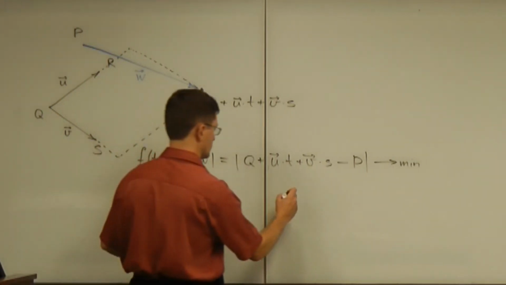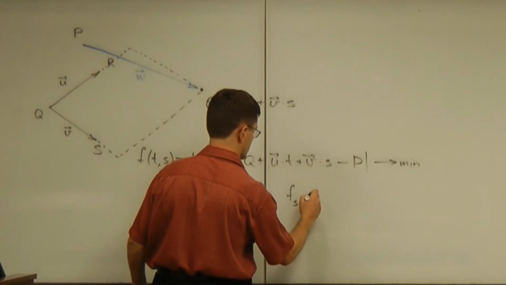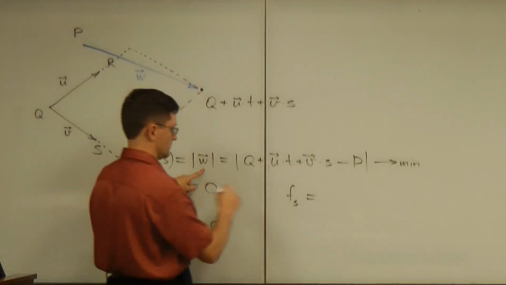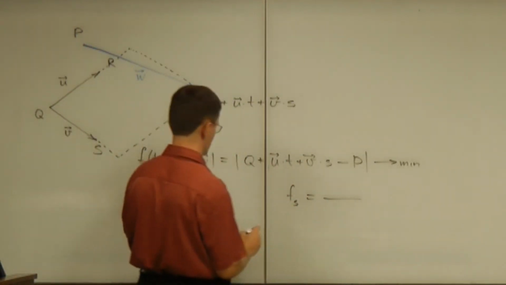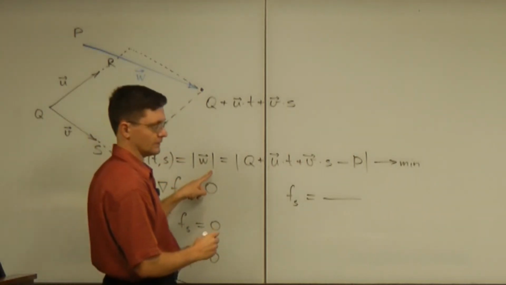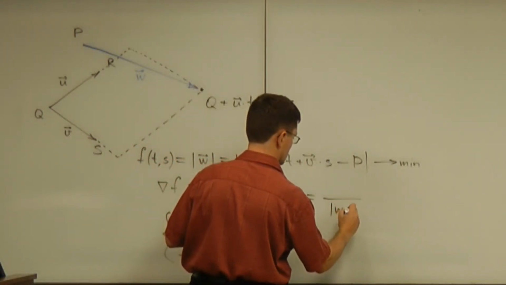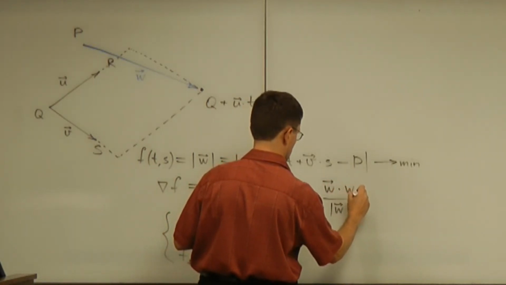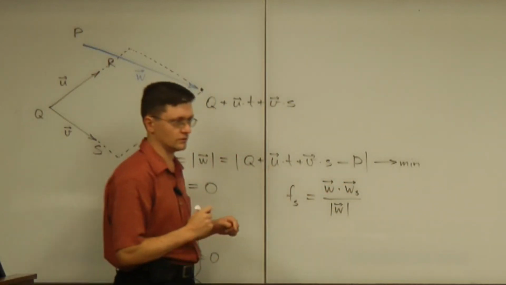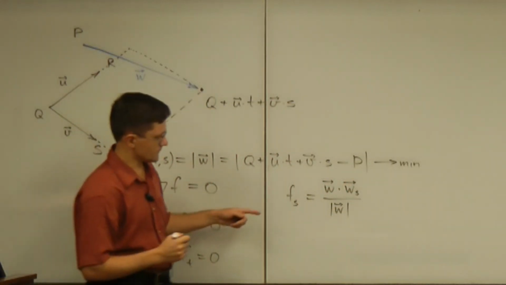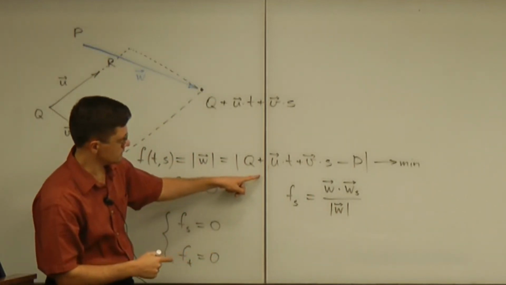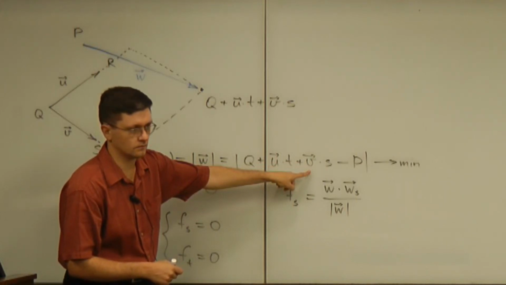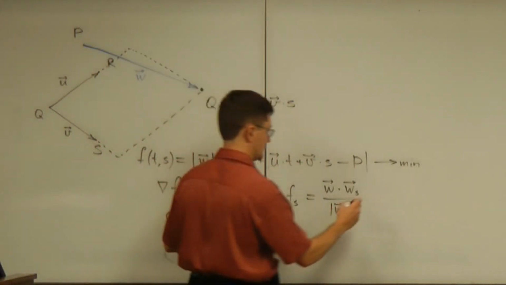So again, what is the partial of f with respect to s? Well, we are facing exactly the same problem we did a minute ago. So you have to differentiate with respect to s the magnitude of a vector, which is the vector itself dot producted with its derivative over its magnitude. And then the partial with respect to s is going to be exactly that v, because everything else doesn't depend on s.